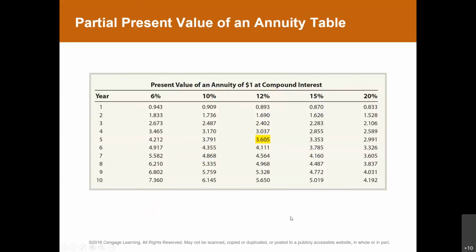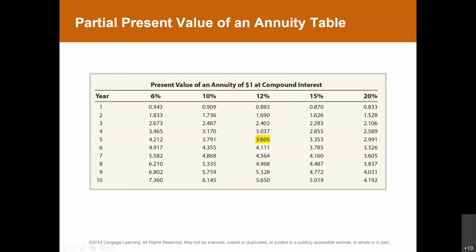So looking at how did we get that 12%, right? So we said it would be 5 years. The bank told us it would be 12%. So looking at the compounded rate of every dollar invested, we got 5 years, 12% is 3.605 looking at our table.